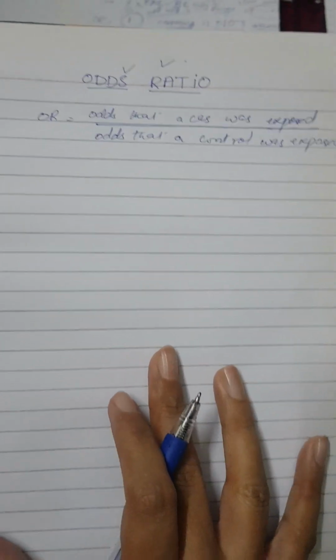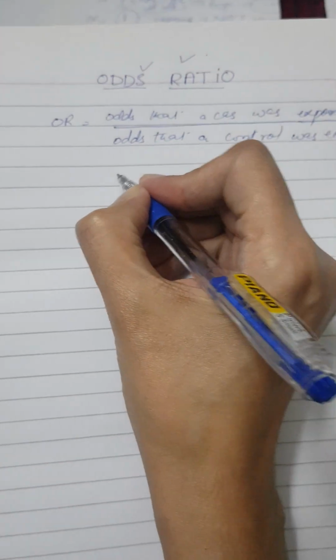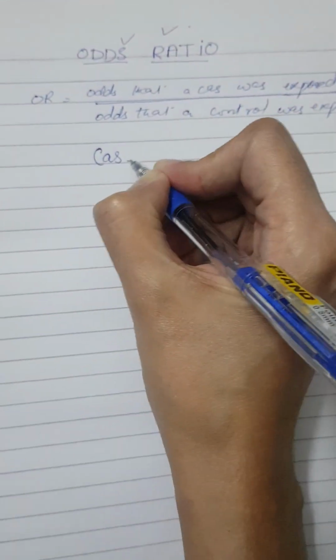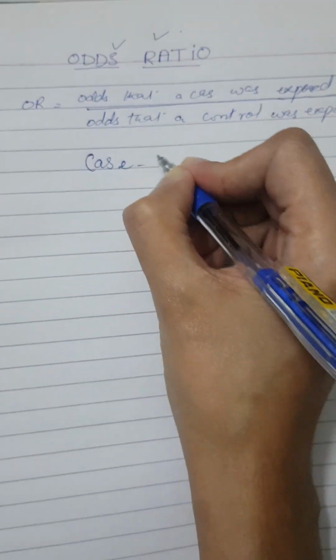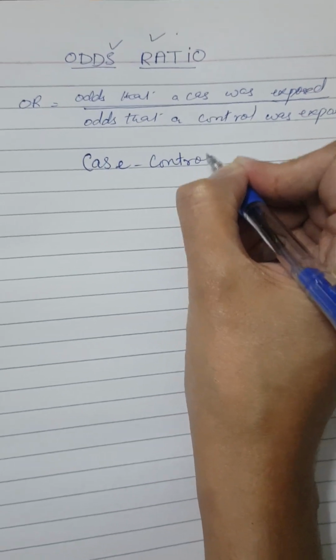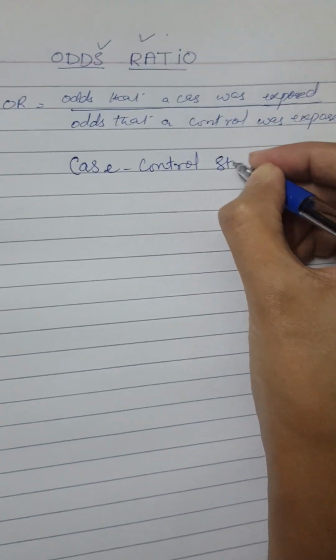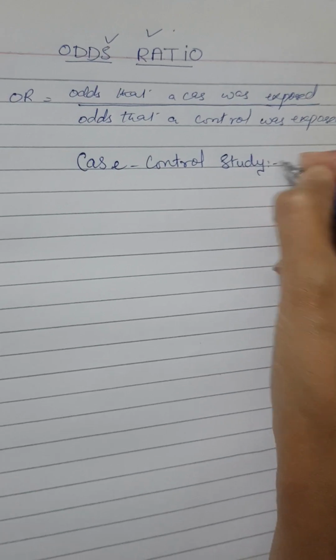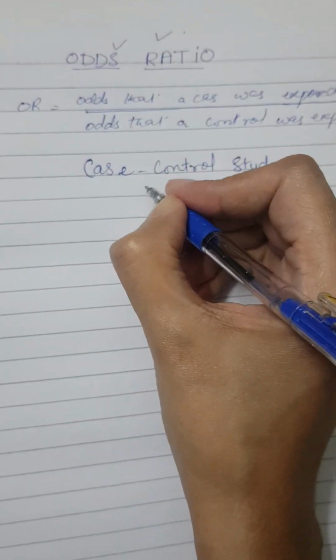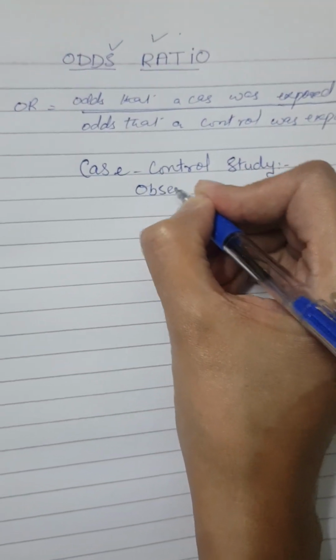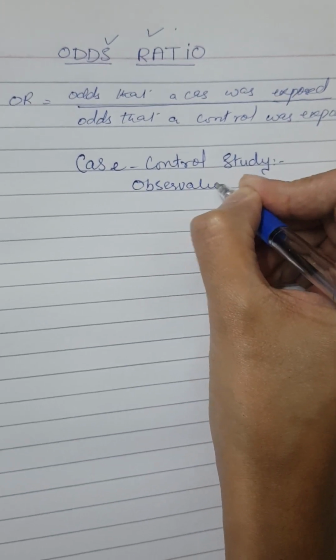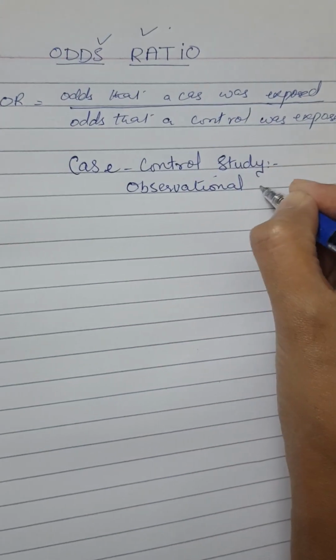Now, to elaborate over this formula, let's take the example of a case control study. And first of all, what is a case control study? Case control study is an example of observational study, as in case control studies we are not using any intervention.